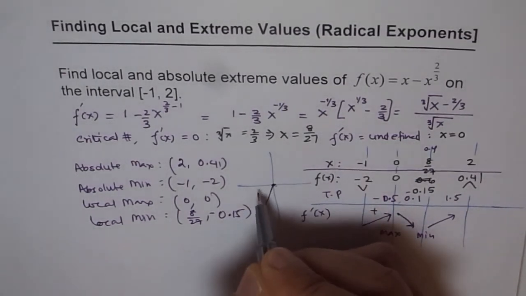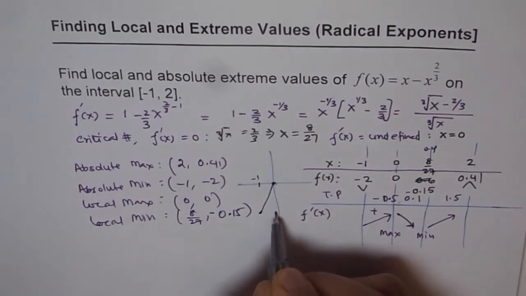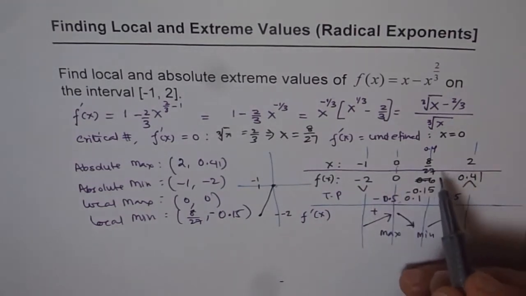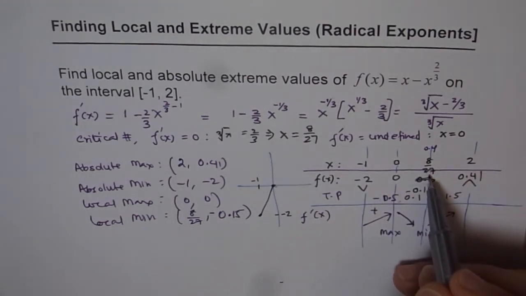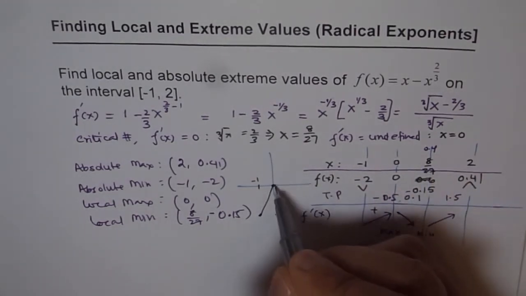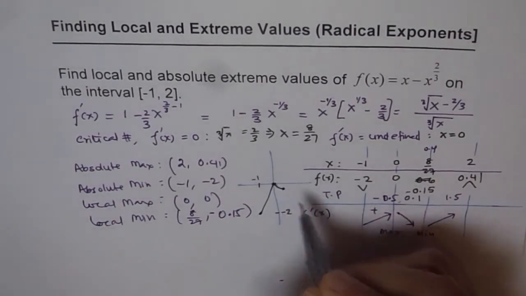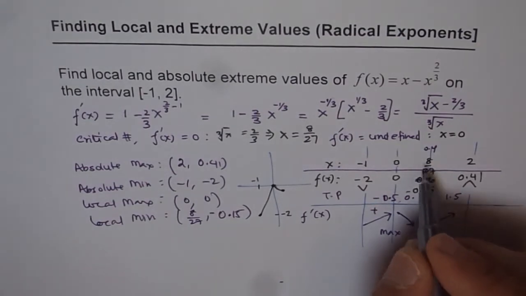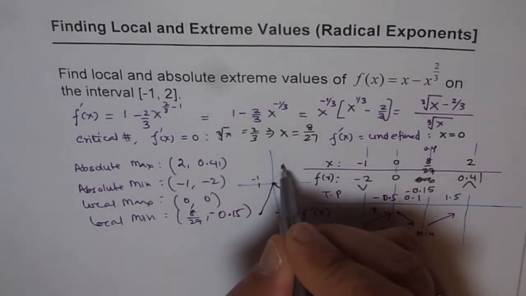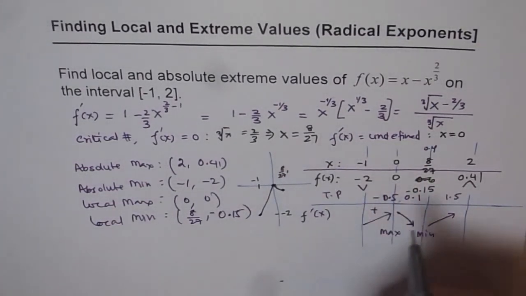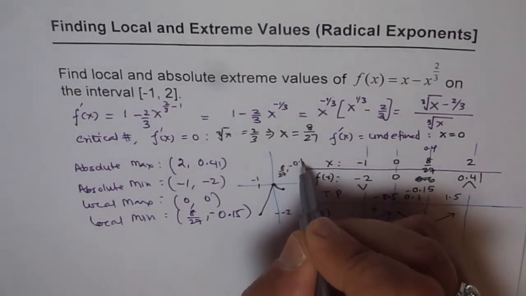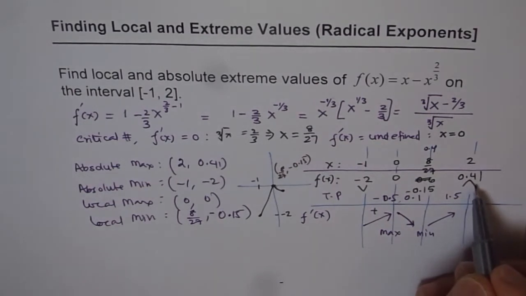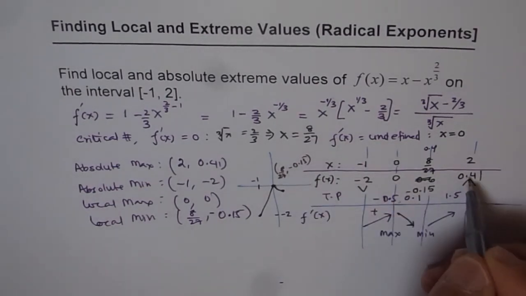At 8 over 27 we have a local minimum, so we'll call it 8 over 27 comma minus 0.15, and then at 2 we have a maximum value of 0.41.